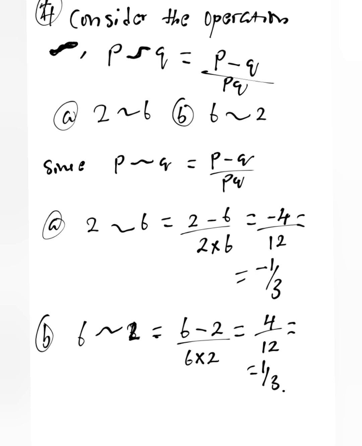So when dealing with a binary operation, it has to do with a given set. It is defined on a given set such that two numbers or two elements from that set are combined together to form a unique element.